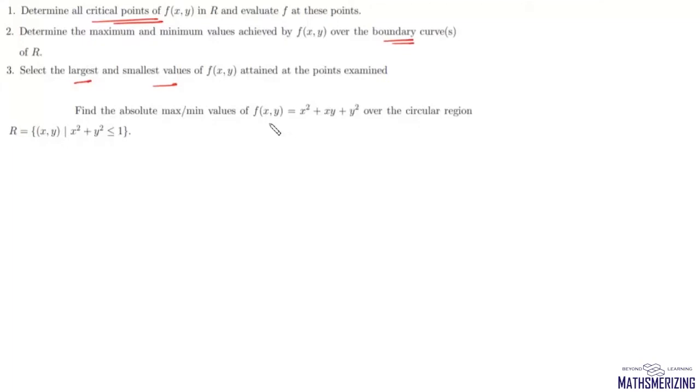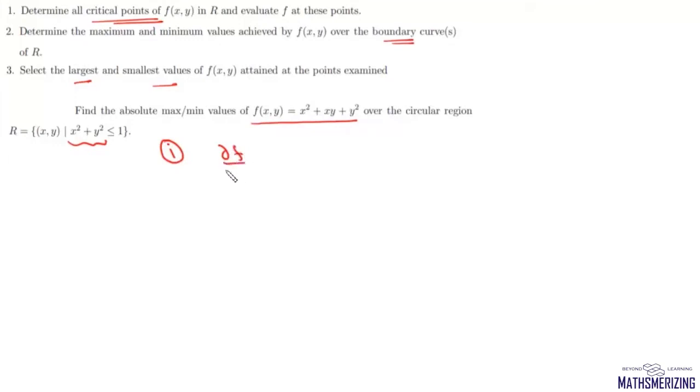Say for example, we are given this function f(x,y), and it is x square plus xy plus y square, and we need to find its absolute maxima and minima over the circular region x square plus y square less than or equal to 1. Now first step, we'll find its critical points.